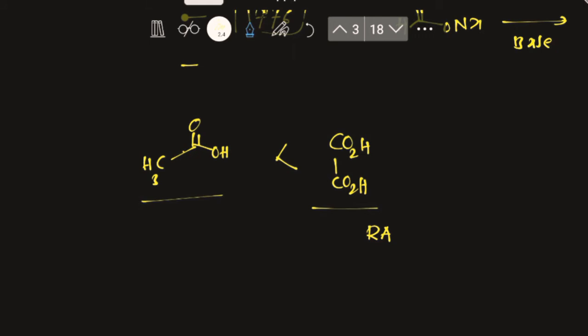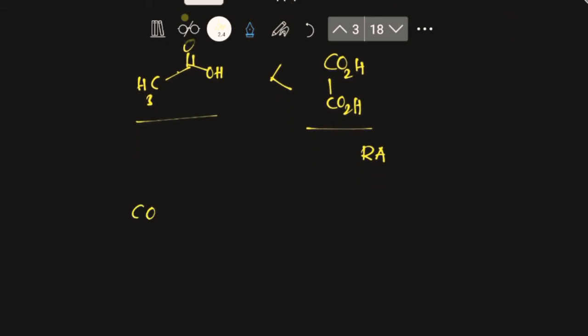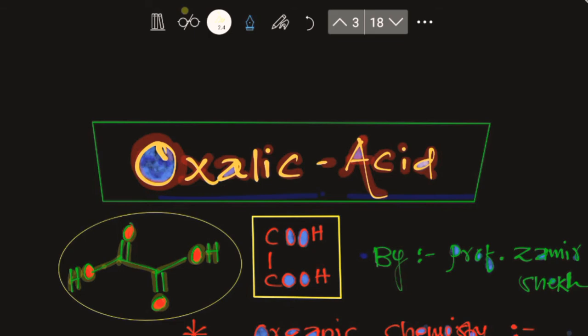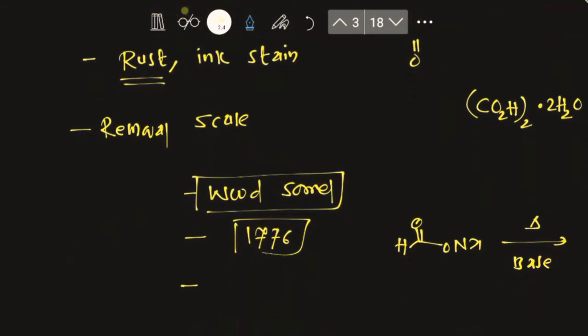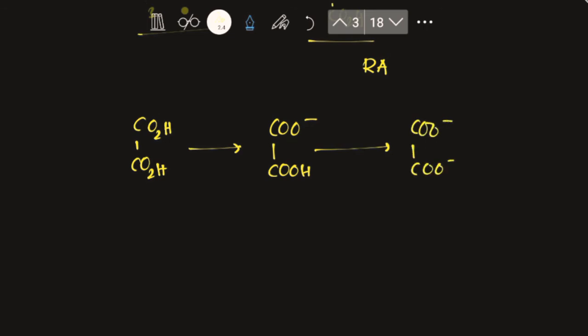You know that this dicarboxylic acid gives two protons. I will show you the resonating structures. So this is COOH and COOH. By first ionization it becomes COO negative and COOH, and in the second ionization it becomes COO negative and COO negative.